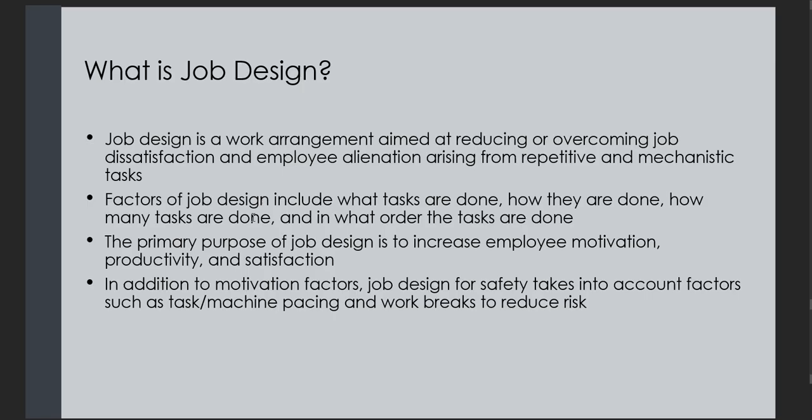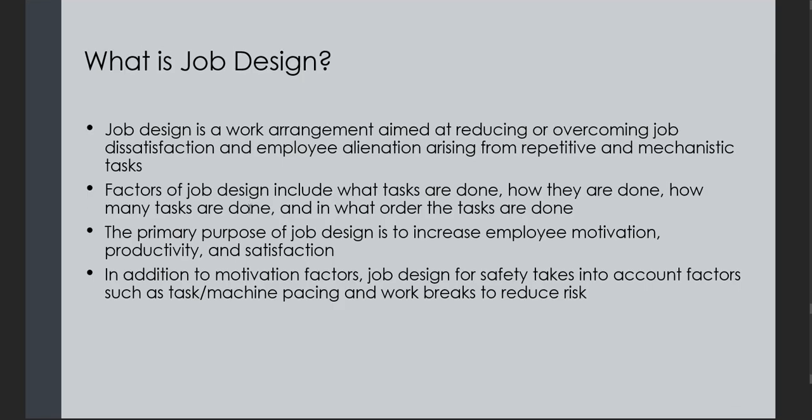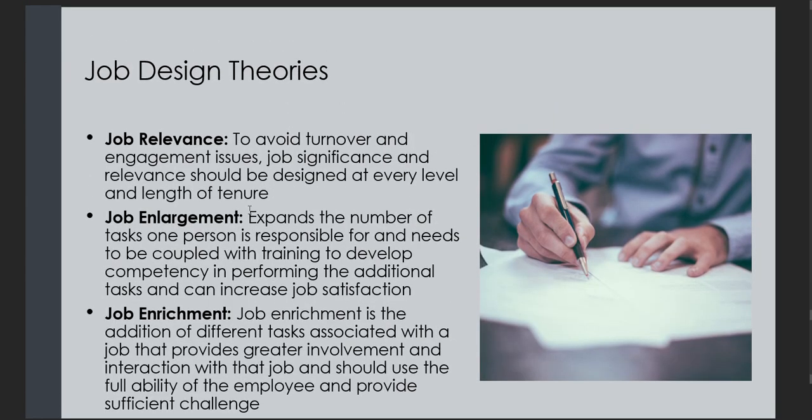In addition to motivation factors, job design for safety takes into account factors like task machine pacing and work breaks to reduce risk. So I want you to always remember that good job design benefits both the organization and the employee. So now we have the theories.